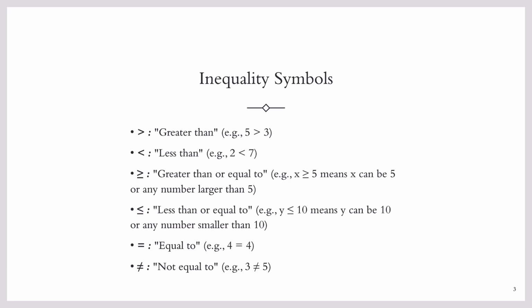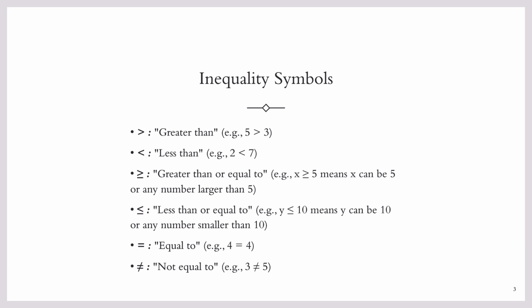Similarly, we have the greater than or equal to symbol, that is the same greater than symbol but with a straight line underneath it. We could read it as x is greater than or equal to 5, which would mean that x can be 5 or anything larger than 5. It cannot be 4.99, it cannot be 4.98.